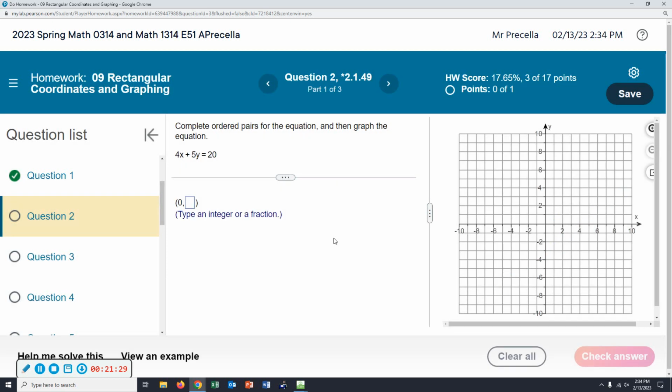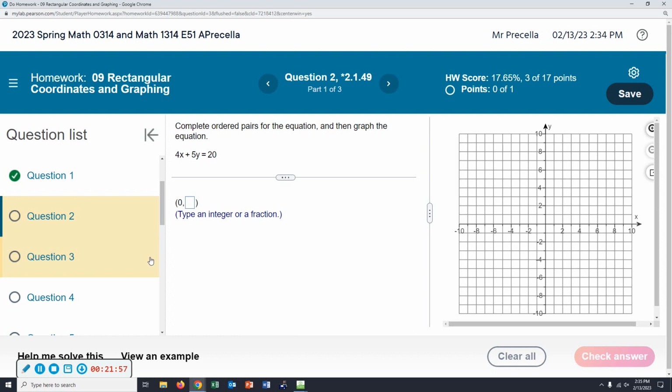Problem 2 is the same type of problem, except instead of being given an XY table, they're just writing the ordered pairs as ordered pairs. I like the XY table, but it's okay. Let me move to another page and write down the problem.